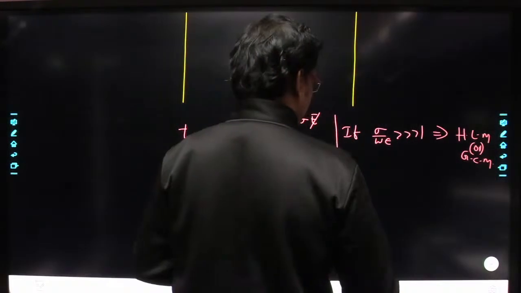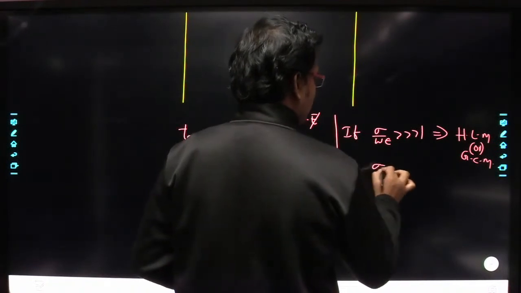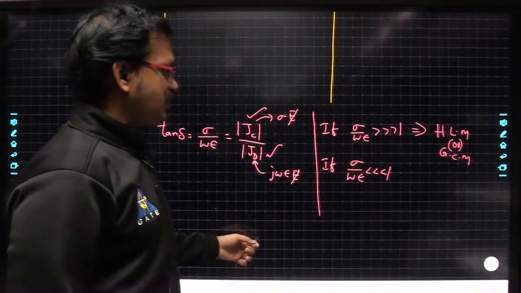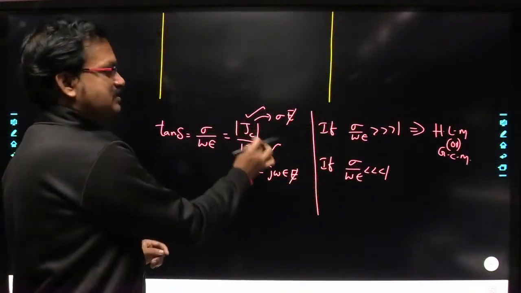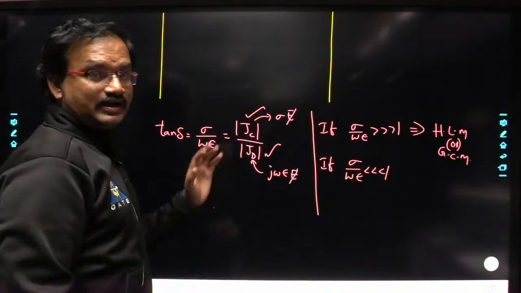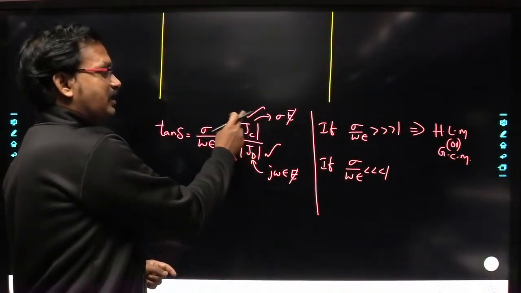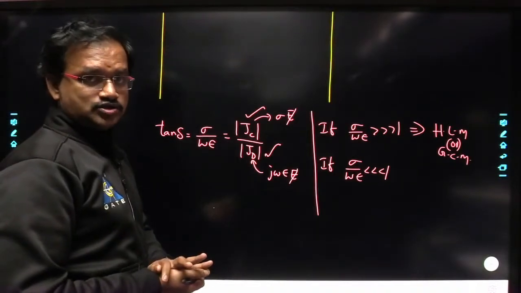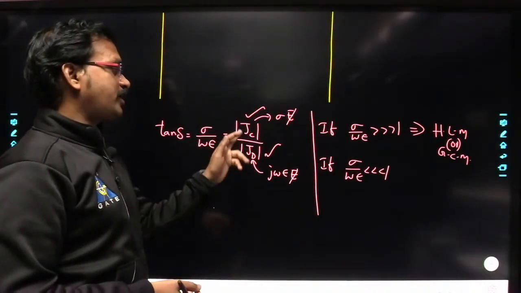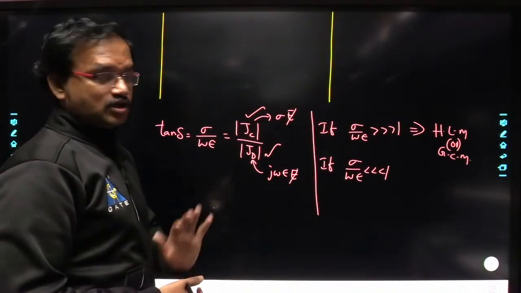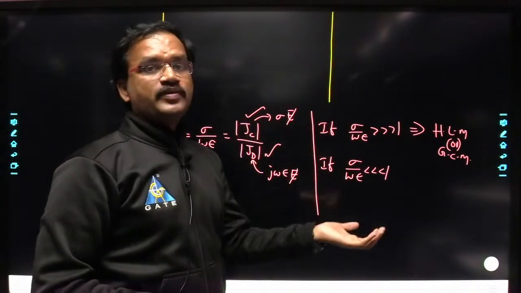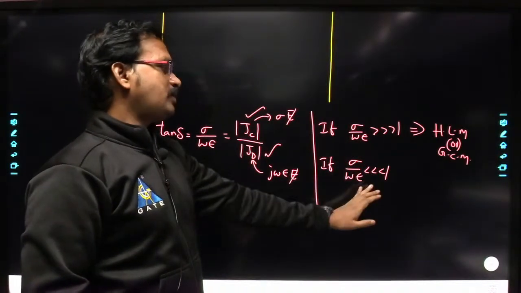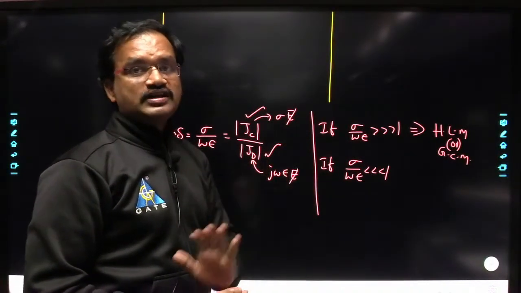Similarly, if sigma by omega epsilon ratio is far less than 1, then in this medium the Jd, the currents associated with the dielectric nature, is very much greater than the currents associated with the conducting nature. Understood? So the displacement currents dominate over conduction currents, which means the dielectric nature dominates over conducting nature, and sigma by omega epsilon becomes far less than 1.